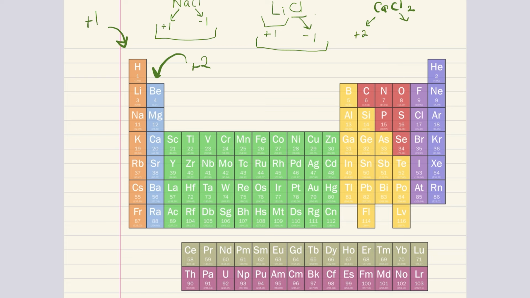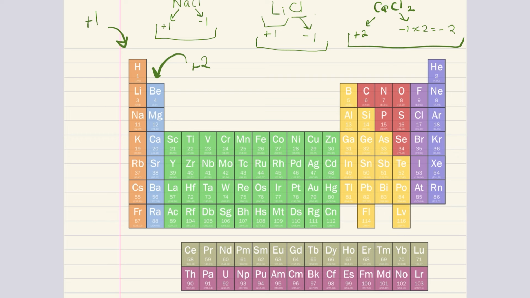For chlorine, this is going to be -1, and there's 2 of them, so that gives us a total of -2. +2 minus 2 gives us a total of 0. And remember that the sum of the oxidation numbers of all atoms present in this neutral compound of calcium chloride should be 0, and it is 0. So that's how we know we assigned these oxidation numbers appropriately.